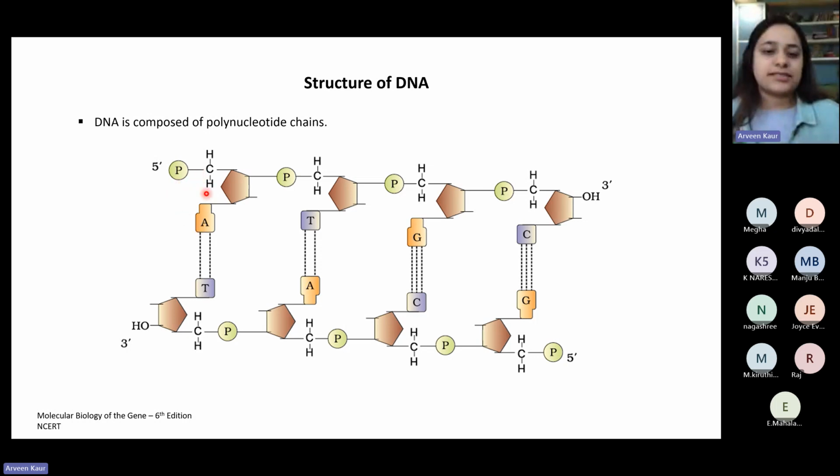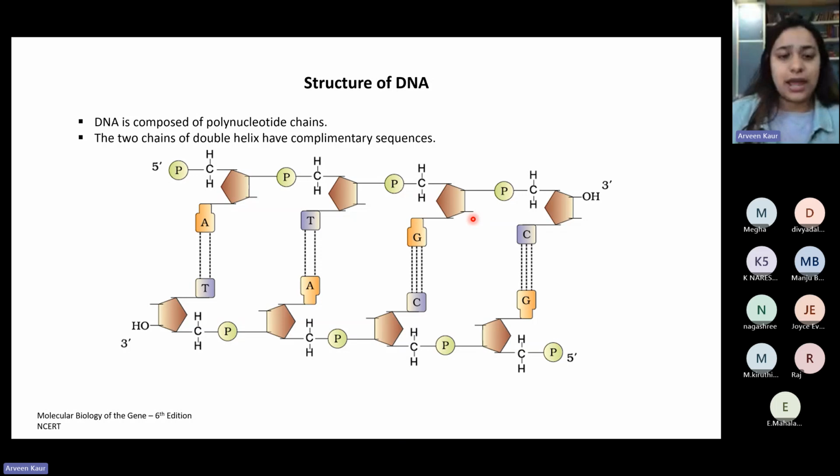There is this A base added to one deoxyribose sugar and phosphate molecule, which in turn is attached to this thymine, which is again attached to guanine, through this backbone that consists of the deoxyribose, the phosphate, etc. So DNA is composed of polynucleotide chains, and the two chains of the double helix have complementary sequences.